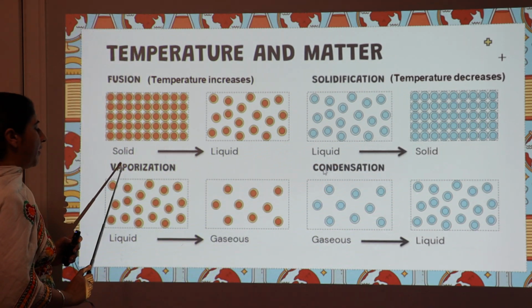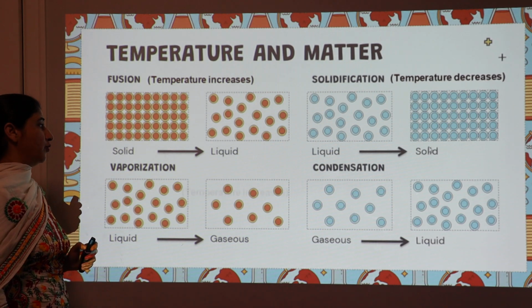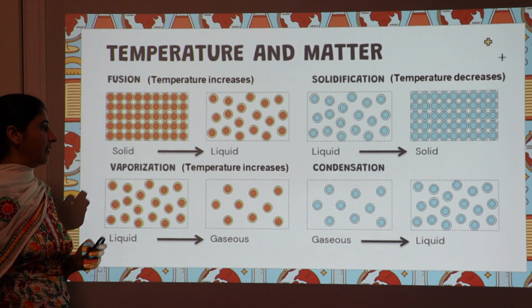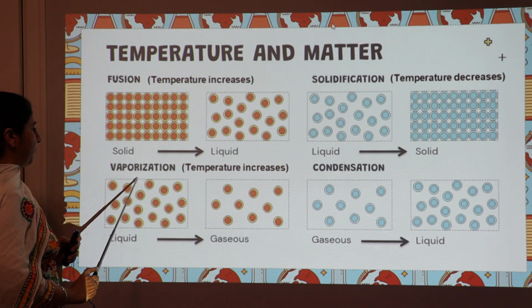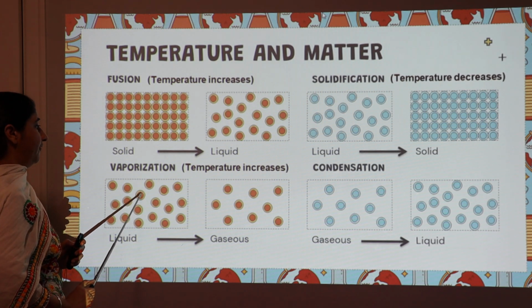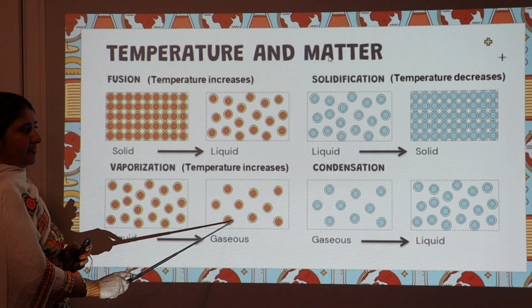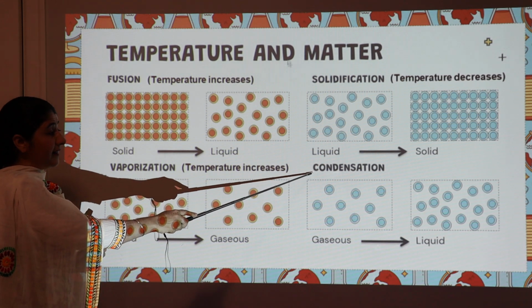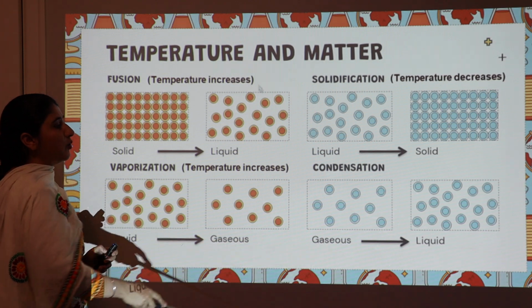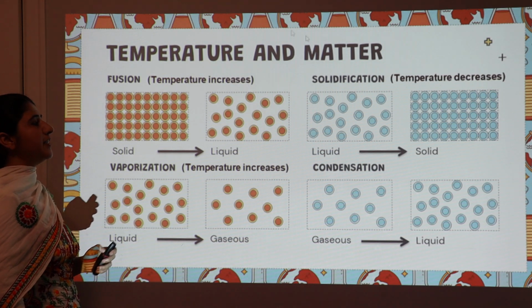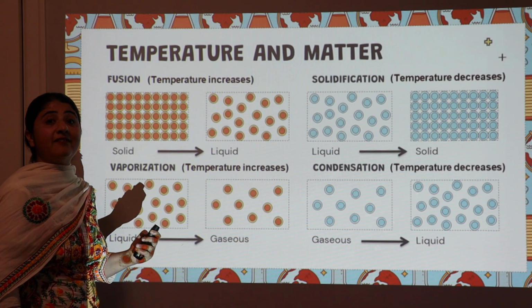In the third part, evaporation also takes place when the temperature increases. On increasing the temperature, particles absorb energy, move far away from each other and are converted into a gaseous state. In the last one, condensation, the gas is converted to liquid. This also takes place when the temperature is decreasing.